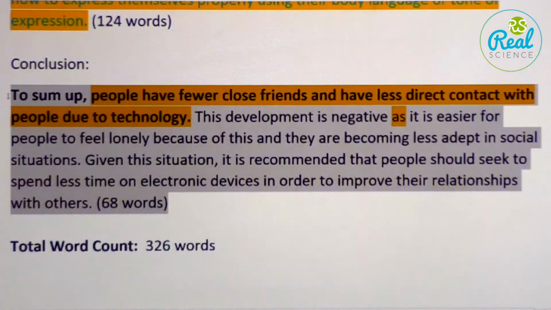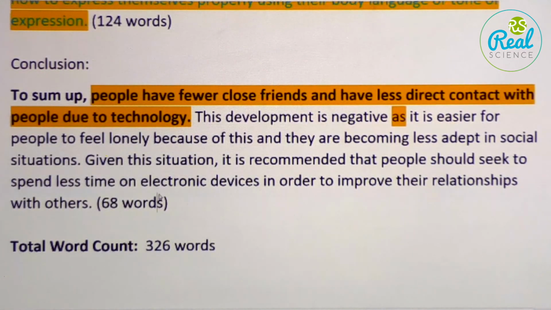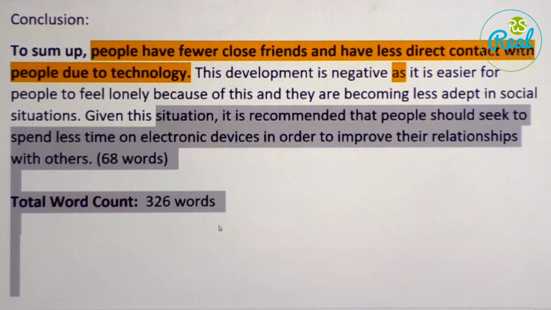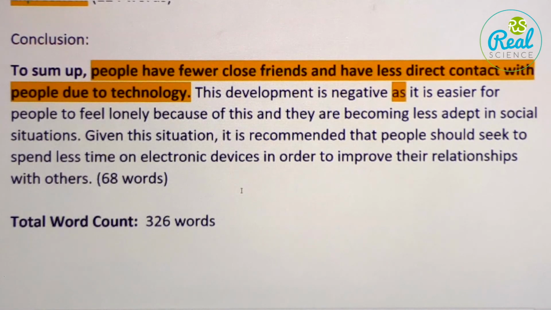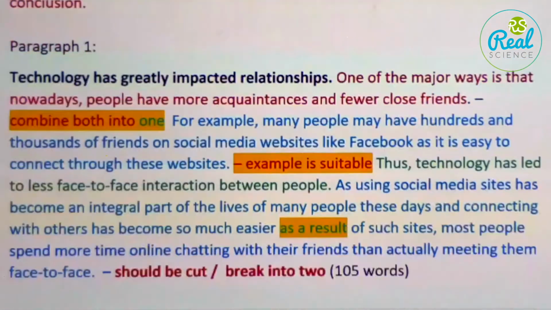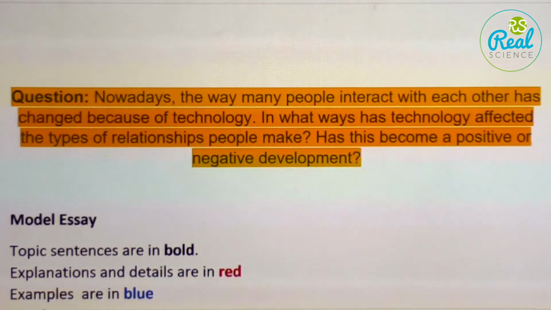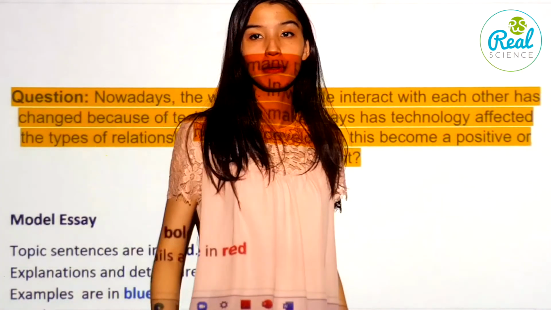As you can see, the conclusion is much bigger compared to the introduction because here it's giving what? Explanation. Not just stating the general point, but also giving further explanation. So that's why it's longer. Is it good giving explanation in conclusion? Yes, because when it's an opinion essay, it doesn't ask your opinion directly.